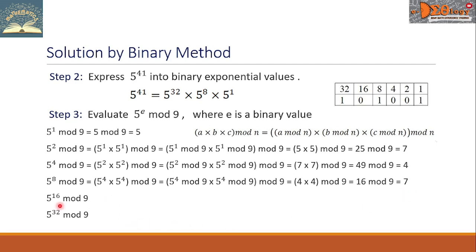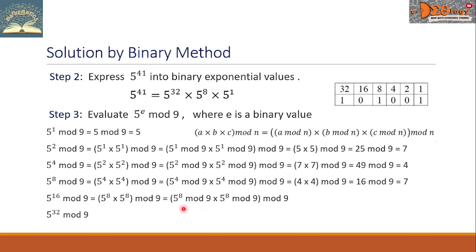Next modulo, 5 raised to 16 mod 9. We can write this into 5 raised to 8 times 5 raised to 8, then mod 9. Then we use our identity. So we write 5 raised to 8 mod 9 times 5 raised to 8 mod 9, then mod 9.